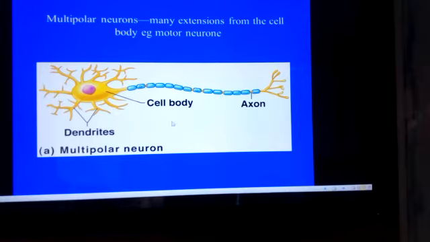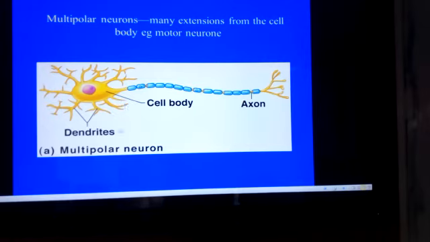Remember, another way of identifying some of these neurons is looking at the position of the cell body. When the cell body is entirely within the central nervous system, either the brain or the spinal cord, such a neuron is a multipolar. And together with that, the sensory neuron as well has its cell body located within the central nervous system.